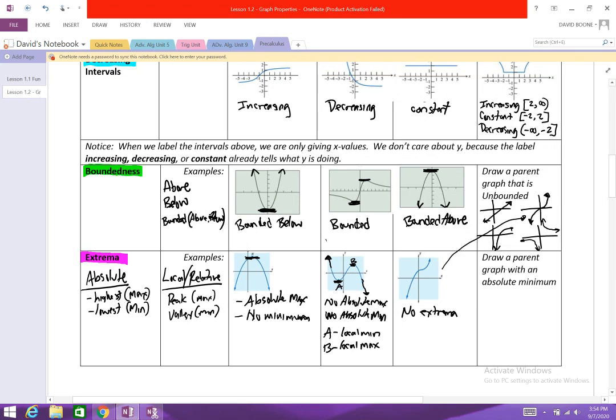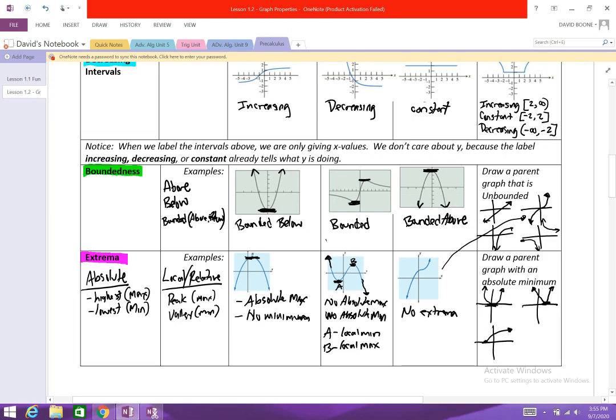So here, get a little practice. Draw a parent graph with an absolute minimum. I'm just going to draw one here like this. It's a little quadratic. Again, that would have an absolute minimum right there. We could look at, say, old absolute value graphs. Again, got a minimum right there. For that matter, some of the graphs we did in the last lesson, where we had the square root function.